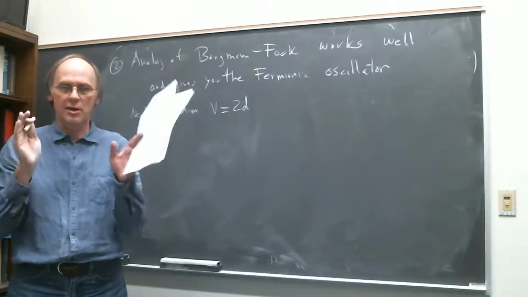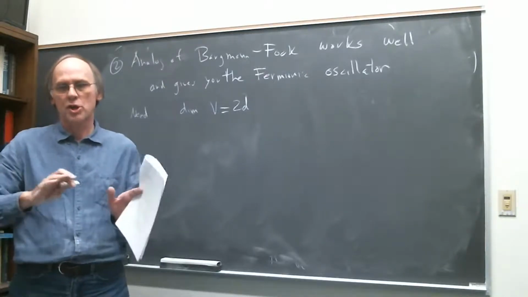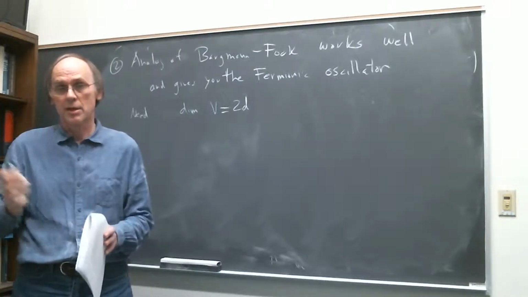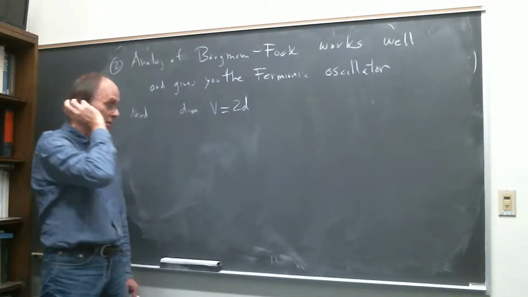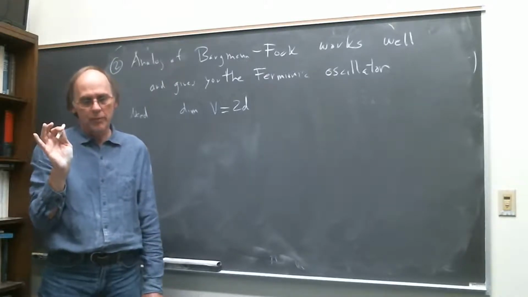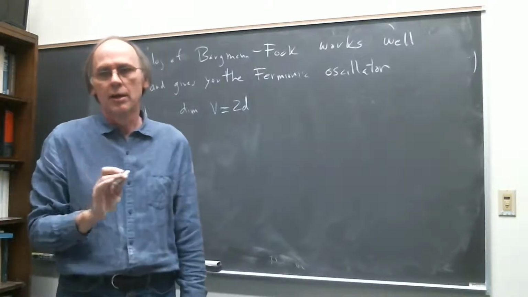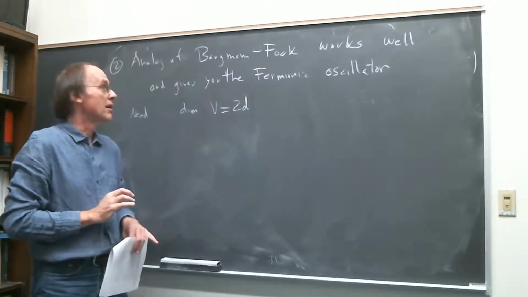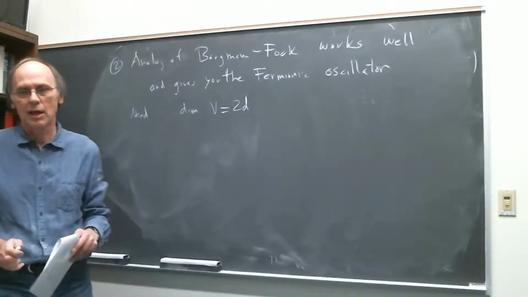In the bosonic case, I started with an even dimensional phase space, and I put a complex structure on it, a way of talking about it in terms of holomorphic and anti-holomorphic coordinates. I want to do the same thing, so I have to start with this. So this is not going to work for odd dimensional phase spaces. If you're working with an odd dimensional fermionic phase space, Bargmann-Fock doesn't really do the job, and it's interesting anyway. So you have to think about those separately.